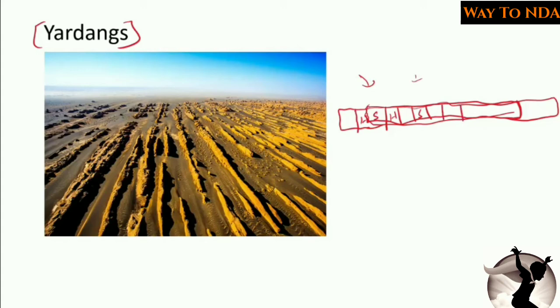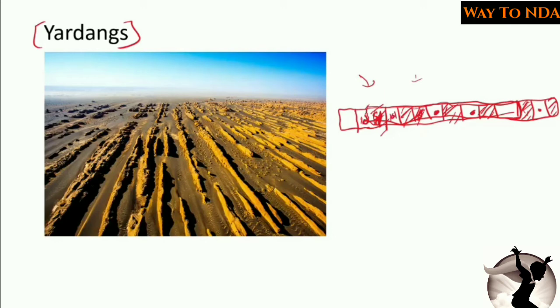If it has an alternate structure of hard and smooth, the smooth rock will get eroded by the wind or water. Here you can see the smooth part is getting eroded by wind or water, and only this type of structure will remain.